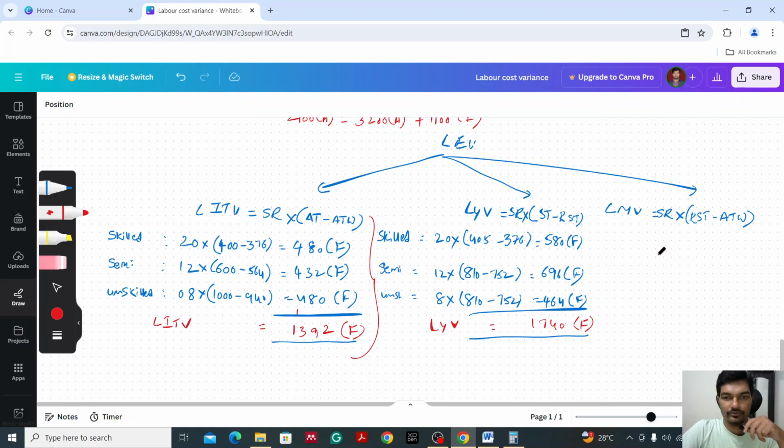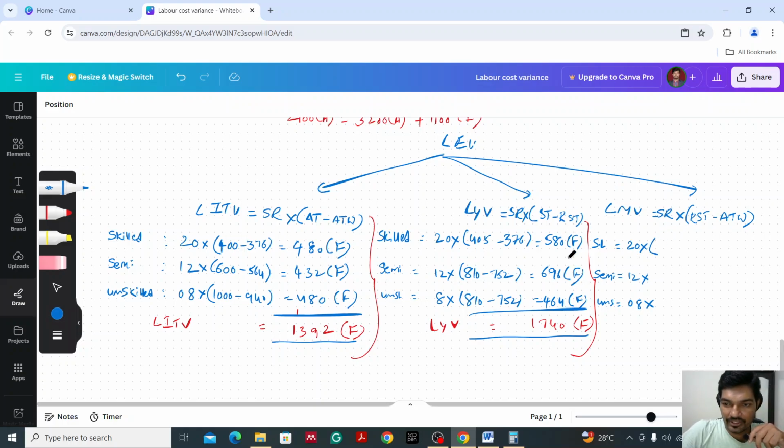So coming to the last one, labor mix variance for skilled, semi-skilled, and unskilled. The standard rate is common, 20, 12, 8.